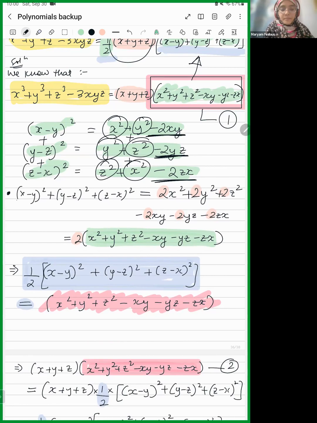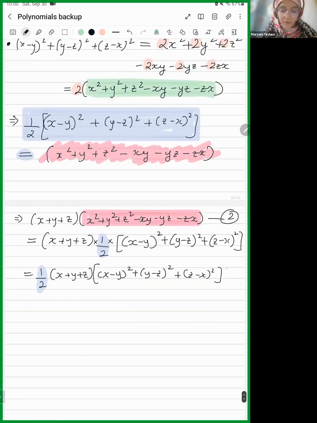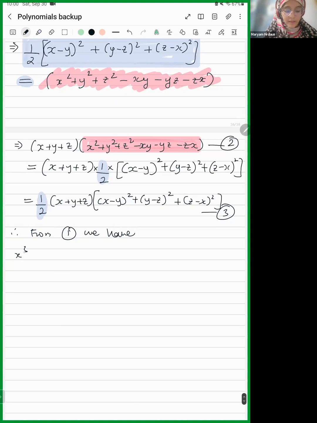The second one is actually the RHS of equation number 1. Can you see that? Yes, ma'am. So the LHS is basically the yellow part. Since the 1 is equal to this, the second thing is equal to the third thing. So we can say, therefore, from 1, we have x cube plus y cube plus z cube minus 3xyz.